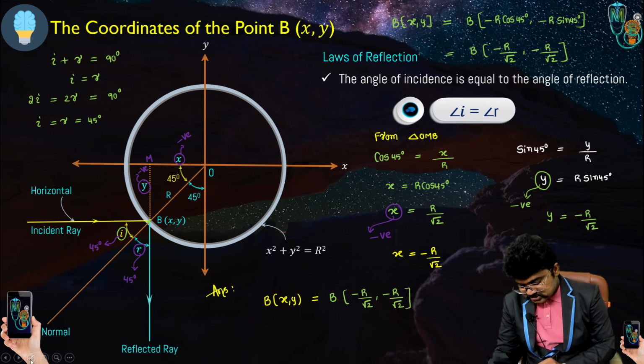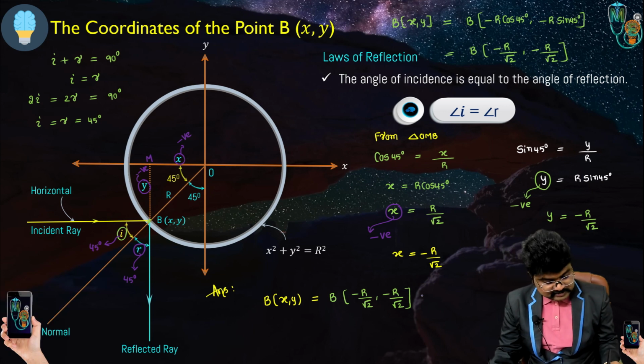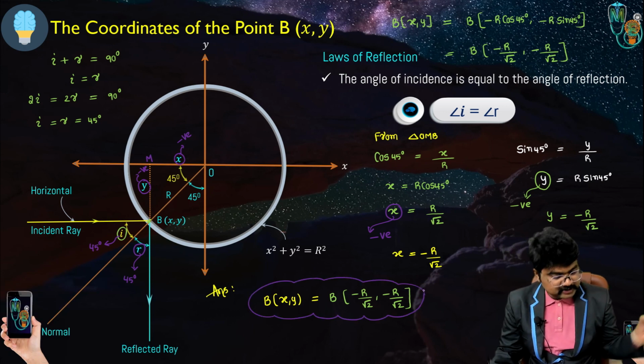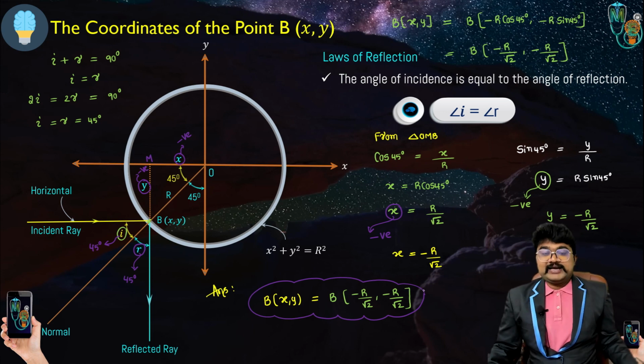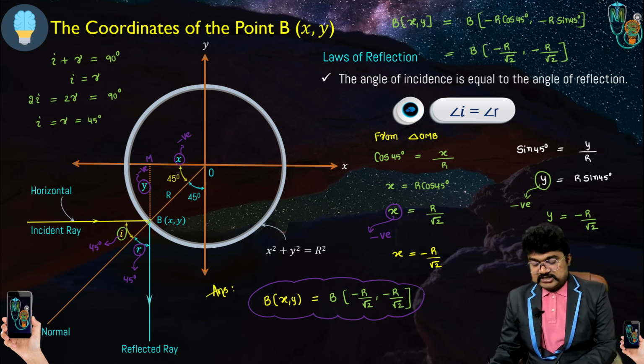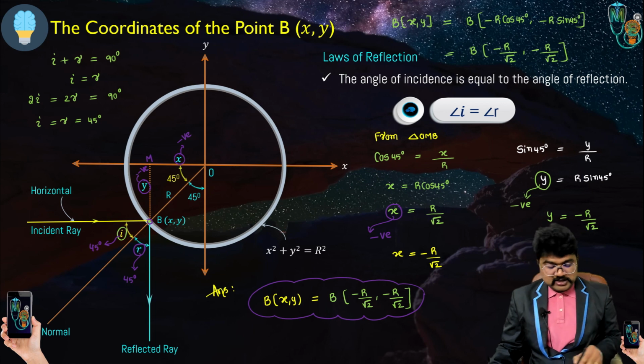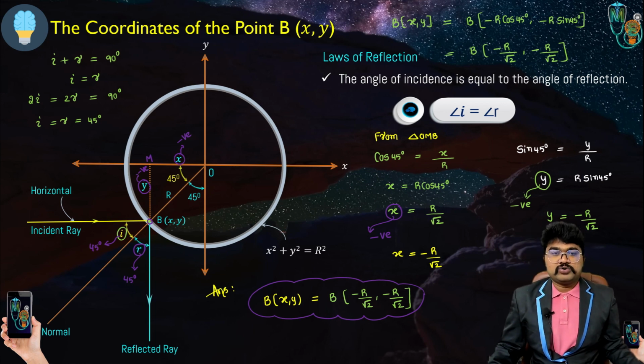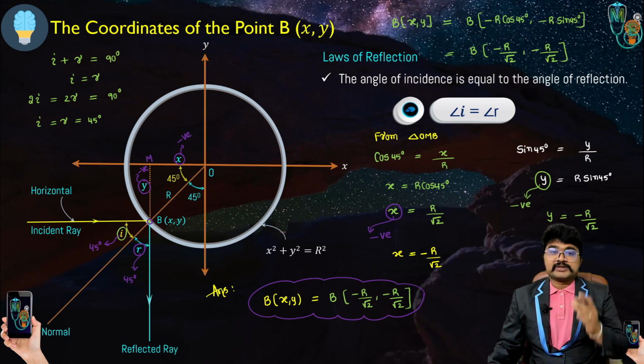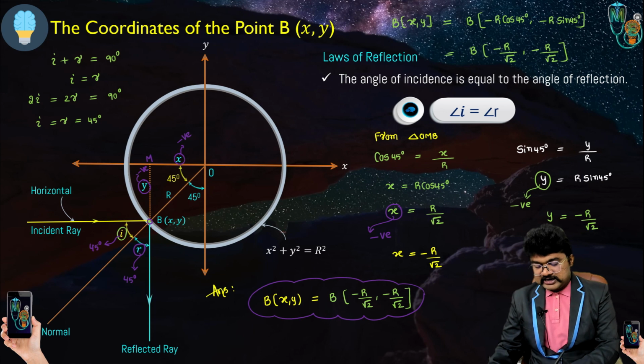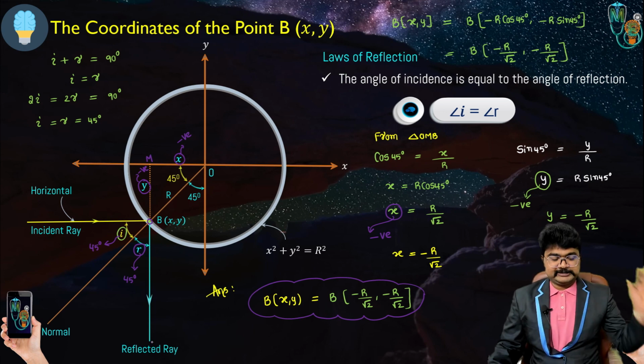Okay, so in this manner we'll be calculating the coordinates of point B. If the incident ray is incident at this particular point B equal to minus r by root 2 comma minus r by root 2, then the reflected ray will be vertical. The reflected ray is vertical and it is reflected in the downward direction.